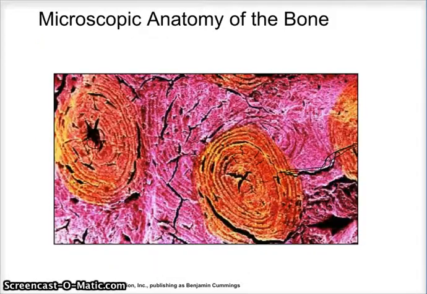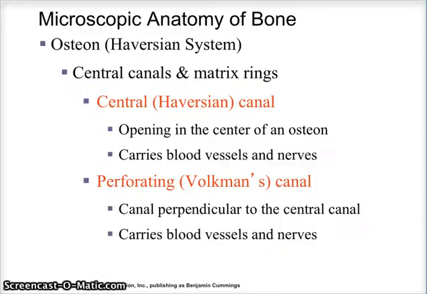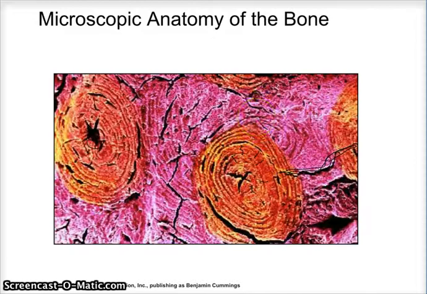Now, when we look at the microscopic anatomy, again, this looks just like the compact bony tissue we've seen before, and we're going to go through a couple of things with it. So first and foremost, this is typically what we think of as a Haversian system, this greater area right here. This is what's known as the Haversian system.